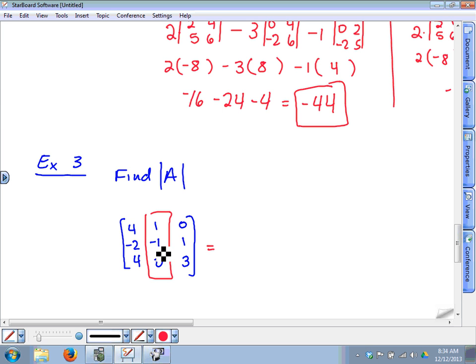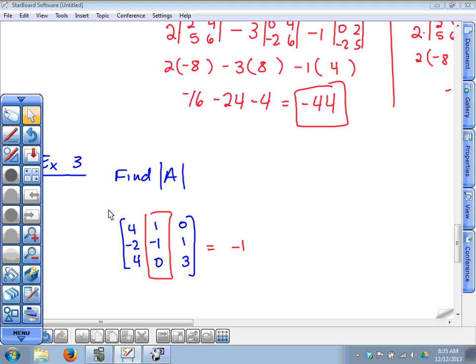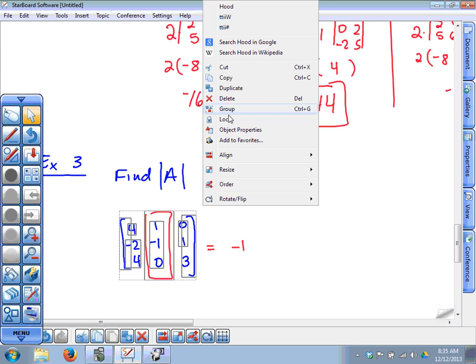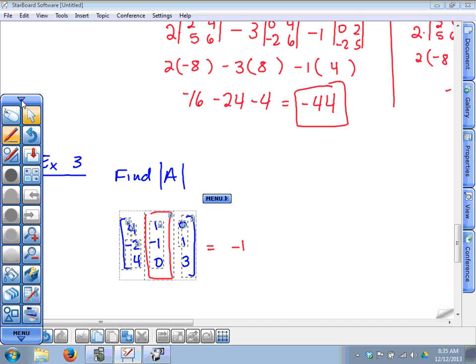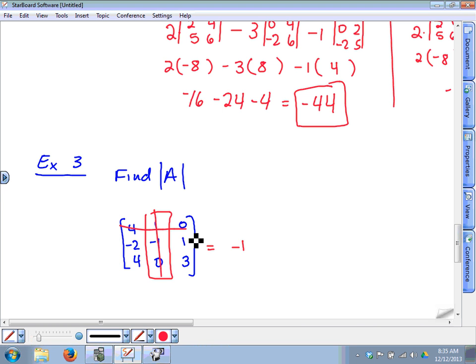So, if this middle column was chosen to expand, then what's this first cofactor going to be? -1. And if you cross out the row and column, then you have -2, 4, 1, 3.